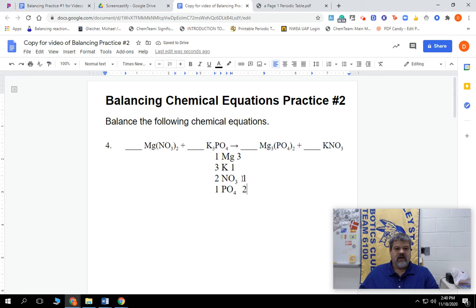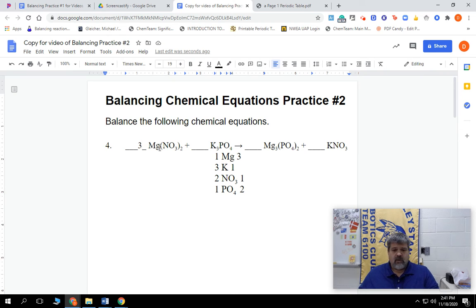I like to start with something other than a polyatomic ion, so we can start with either magnesium or potassium. Let's start with magnesium. I have 3 magnesiums on this side, so I need to put a coefficient of 3. Again, we cannot change the subscript because that changes what the compound is.